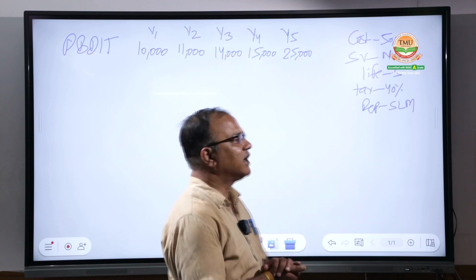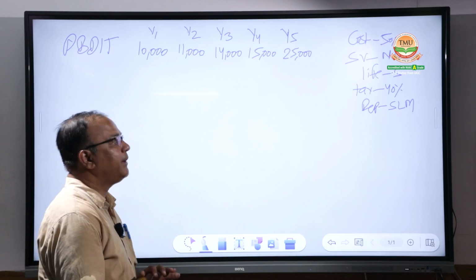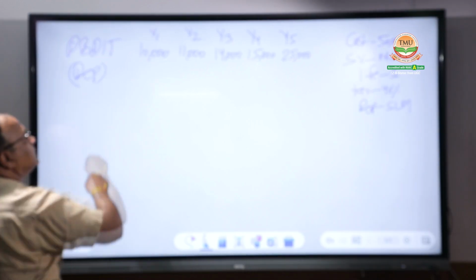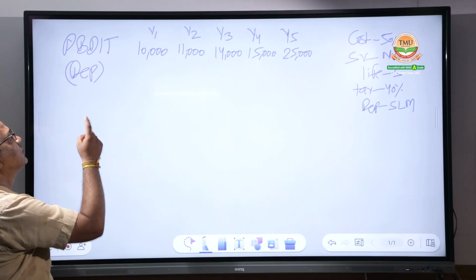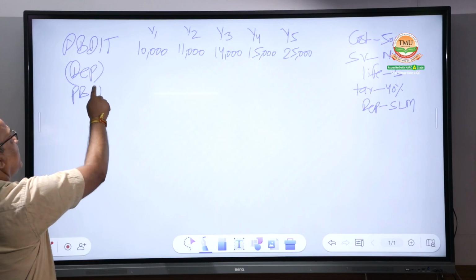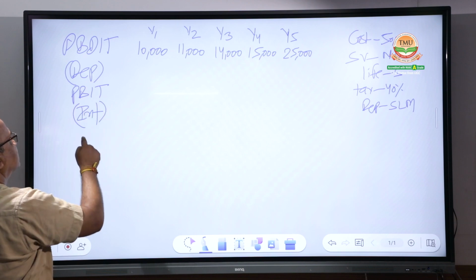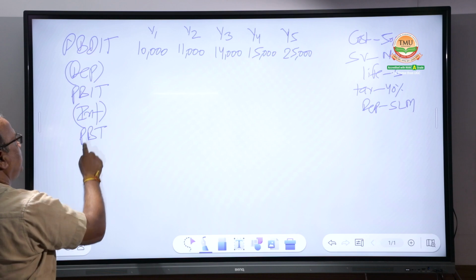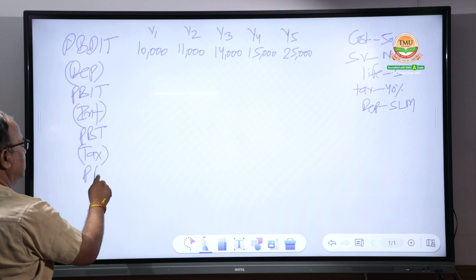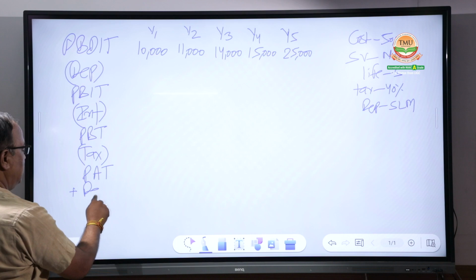Now let's start the problem. First of all, you have to convert into PAT. This is the format which you have to follow: PBDIT less amount of depreciation gives PBIT, less interest gives PBT, less tax gives PAT, plus depreciation.